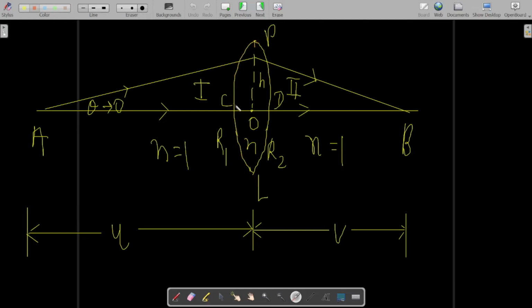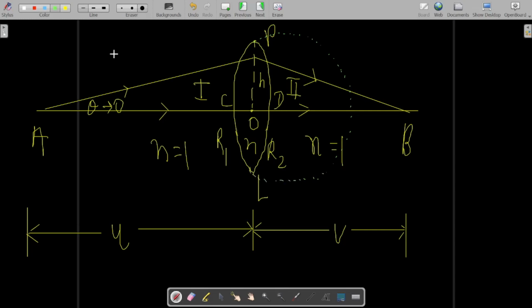When you try to complete the circle formed by this first surface, it will be something like this. Why are we completing the circle? Because we want to find out the radius of curvature.